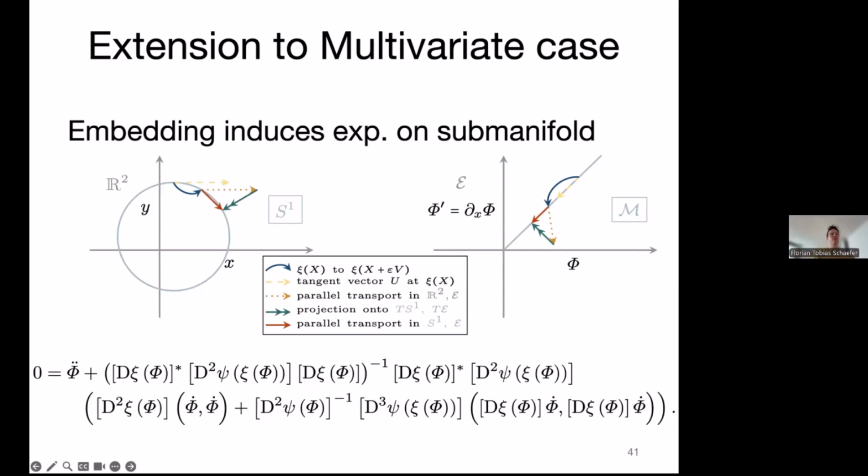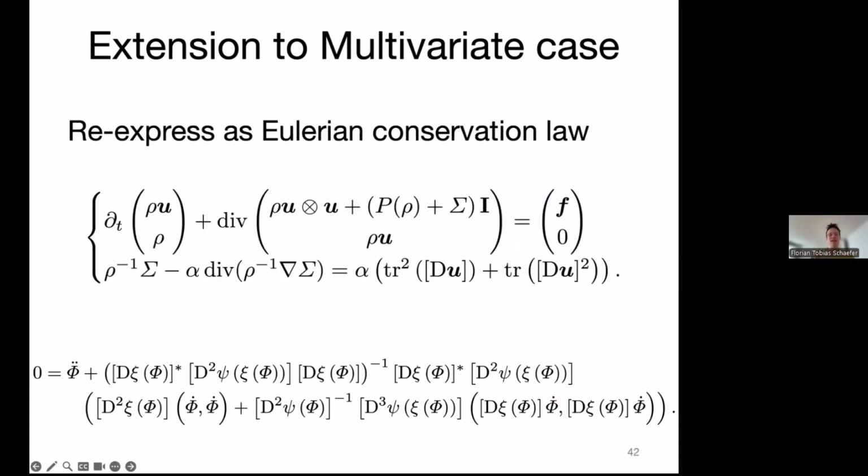The equations unfortunately get a bit more messy than before, but the good news is that at the end, we just end up with a modified conservation law. It took a bit of work to compute all these terms, but once you have this modified conservation law, you can forget about all these complicated Lagrangian calculations. Here I want to emphasize that this sigma term is really what summarizes all these curvature contributions.